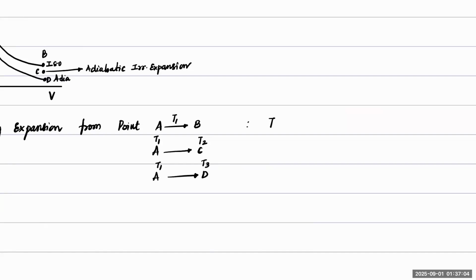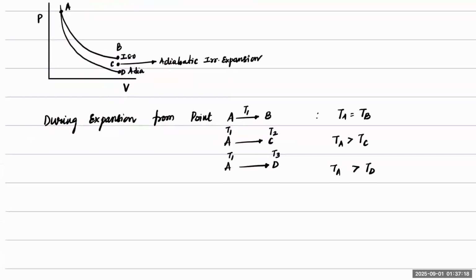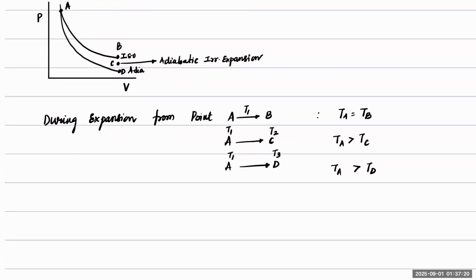So temperature at A will be the same as temperature at B. But temperature at A will be greater than temperature at C. Temperature at A will be greater than temperature at D, correct? Because it is an expansion, the temperature has to decrease for sure.